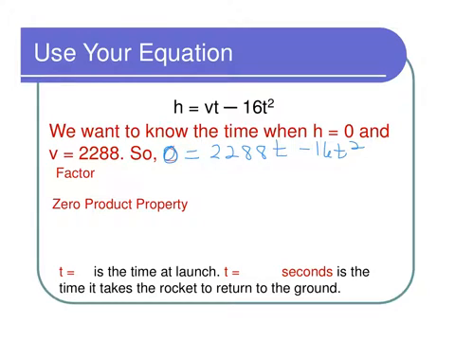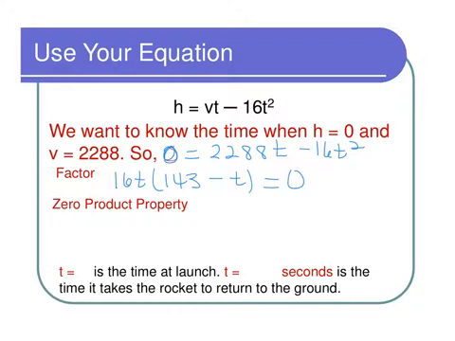Let's see, 2,288 divided by 16. Aha. And what do you know? 16 goes into 2,288 143 times, so I can factor out 16t, and I'm left with 143 minus t.